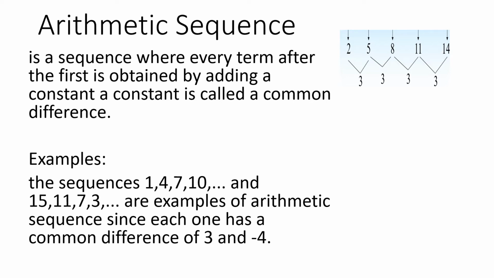Another example, we have 15 plus -4 is equal to 11. 11 plus negative 4 is equal to 7. 7 plus negative 4 is equal to 3. Okay, so that is why this is an example of an arithmetic sequence, since there is an adding constant, which is called the common difference.